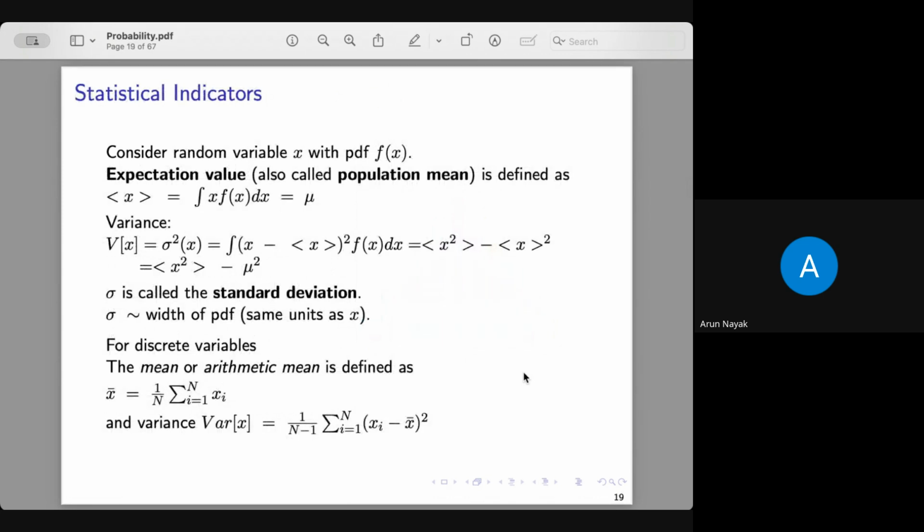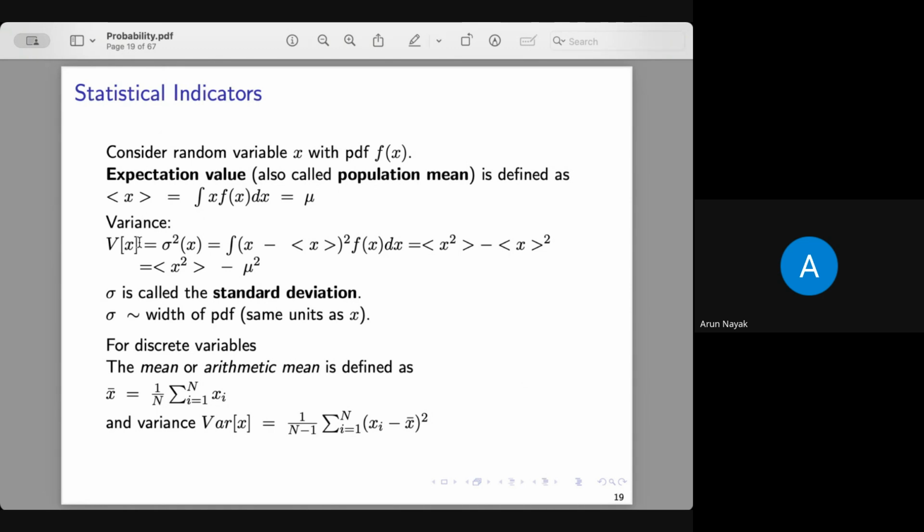Now, given a PDF, we can calculate statistical indicators like the mean, sigma, and the other moments. Suppose we have a variable x with PDF f of x. The population mean, or expectation value, is defined as the integration of x f of x dx, which we usually call mu.